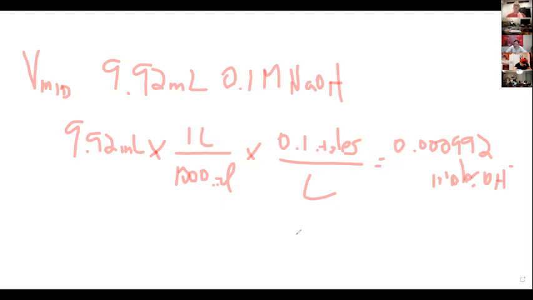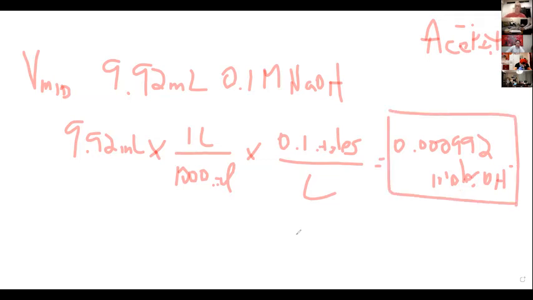Now remember, when we are titrating a weak acid, basically what we're doing is converting the strong base into conjugate base. So that's going to be the same number of moles as my acetate ion. This is the number of moles of sodium hydroxide that are consumed.